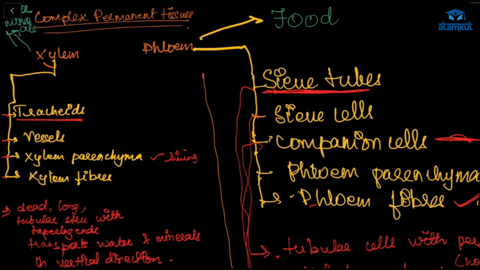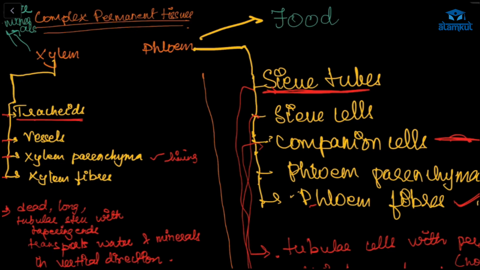It is very easy to remember, right, Arham? So what will be xylem then? If phloem is transport of food, then what will be the function of xylem?